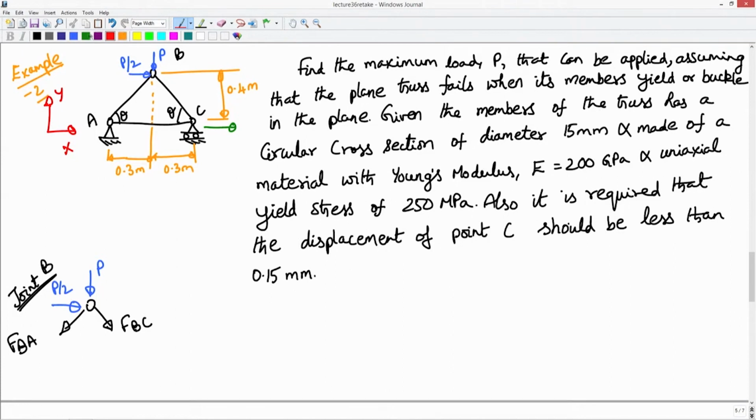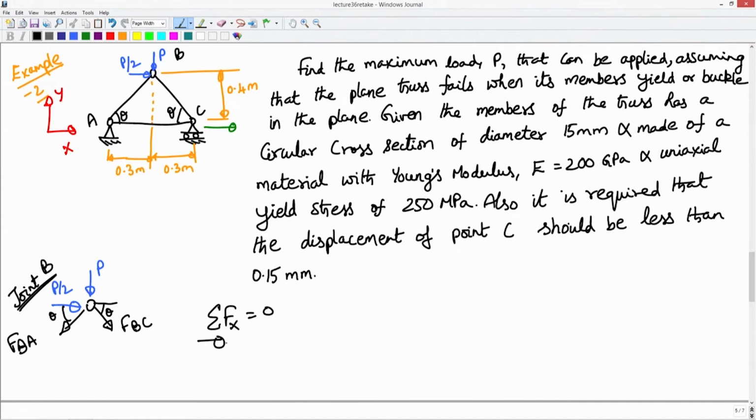Now, I want to write the equilibrium of forces. I want to write the horizontal equilibrium of forces, Fx equal to 0, assuming the force acting in this direction as positive. So, this angle would be theta from the figure, and this angle also would be theta. So, horizontal force for member AB would be acting opposite to the positive direction of x.